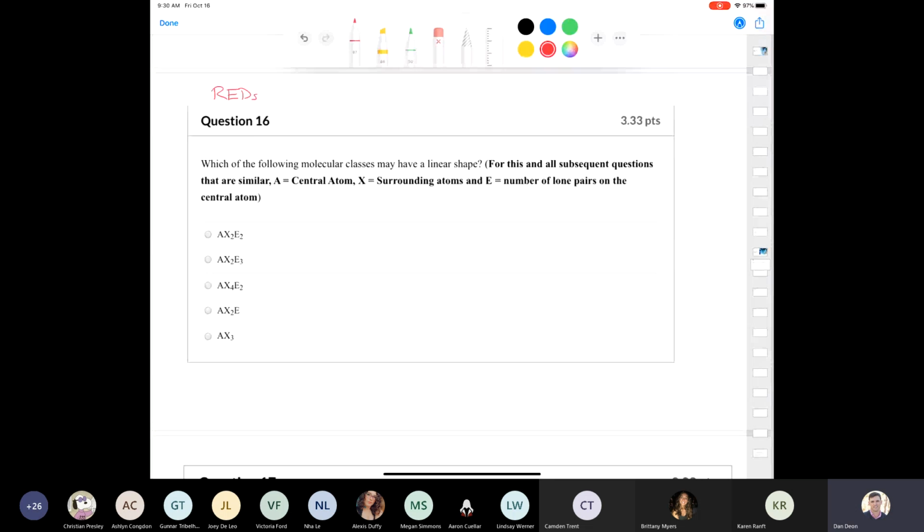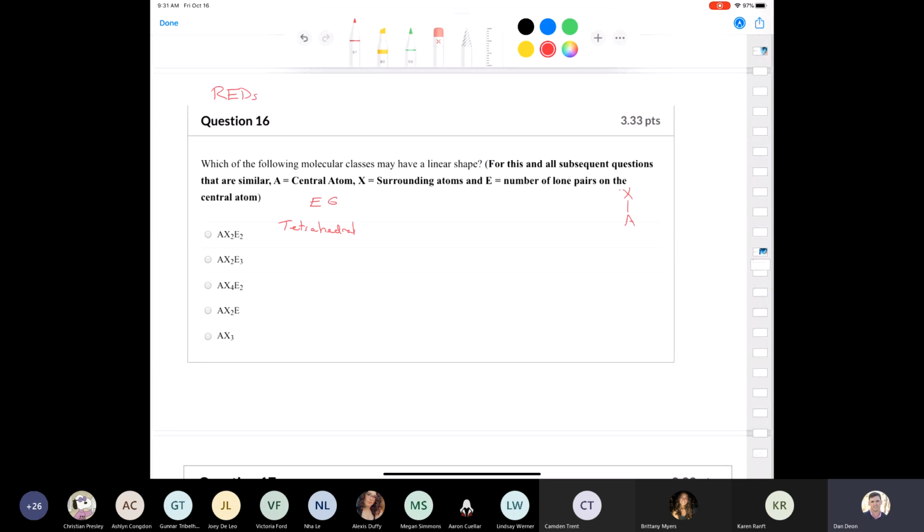And so when we have a surrounding atom or a lone pair, these are both going to represent regions of electron density. For the first formula, I have AX2E2, and thus it has 4 regions of electron density. And so my electron geometry is going to be tetrahedral.